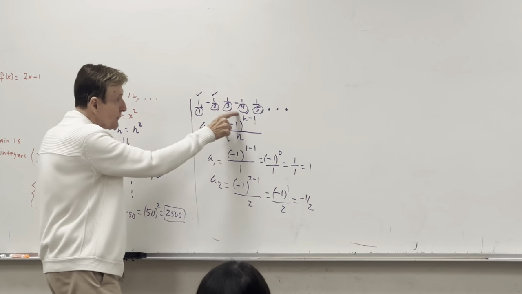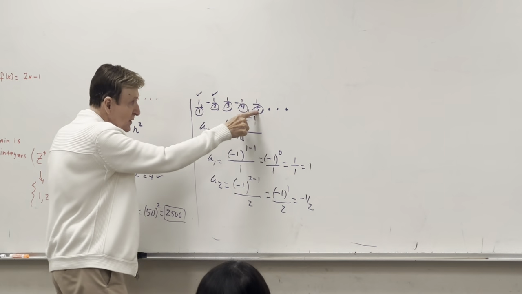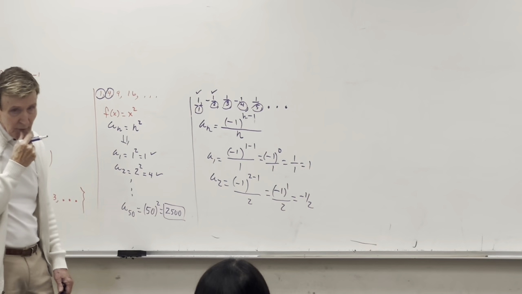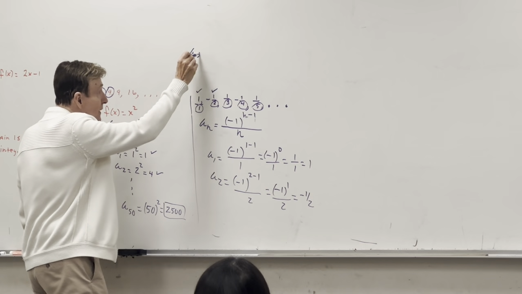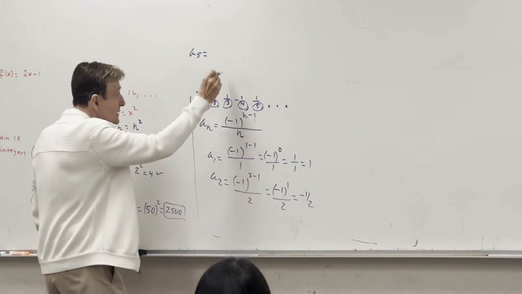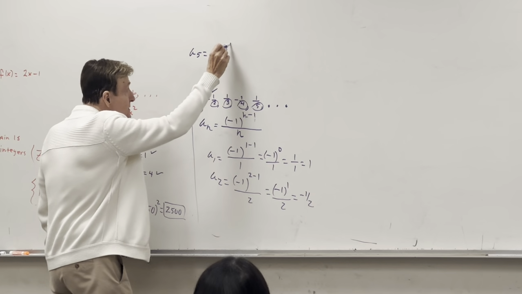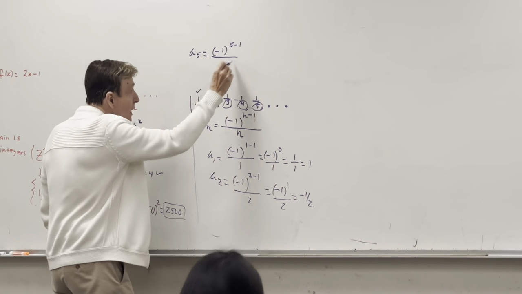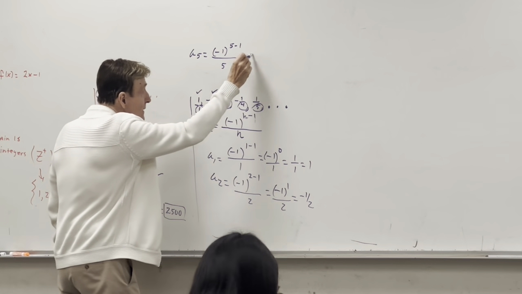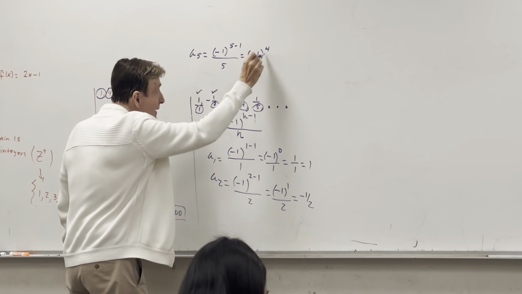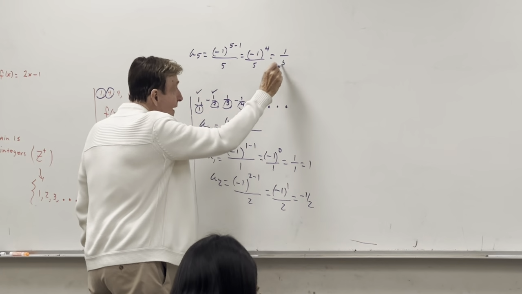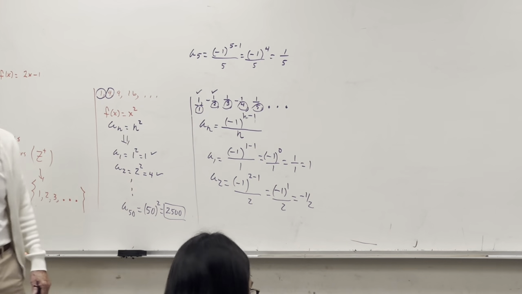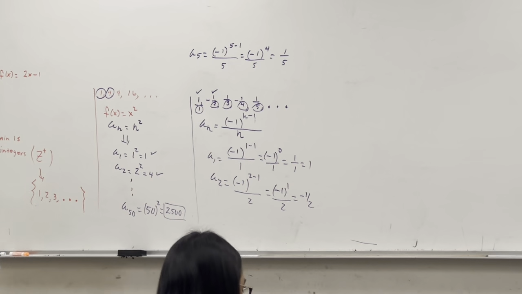Let's go down to the fifth term. The fifth term should be 1/5 if the formula is correct. Let's find A subscript 5. Your formula says negative one raised to the 5 subtract 1 over 5. That's negative one raised to the 4th over 5. Is that a 1 on top? Is that 1/5? Congratulations, you have the formula.